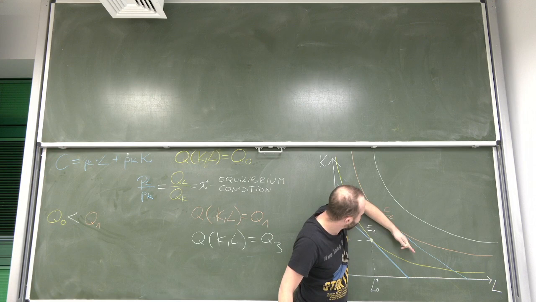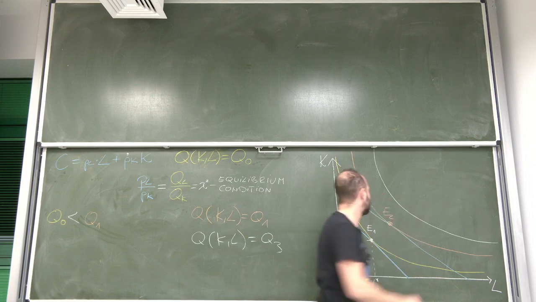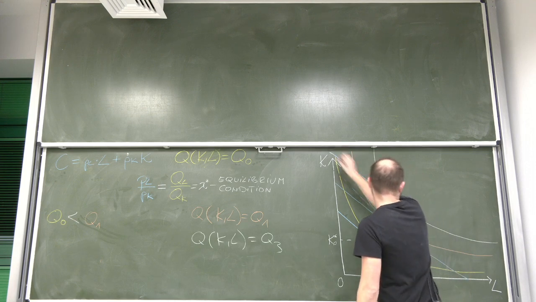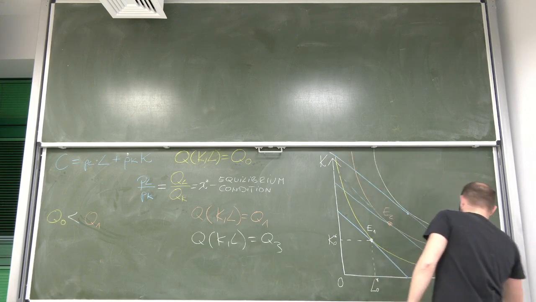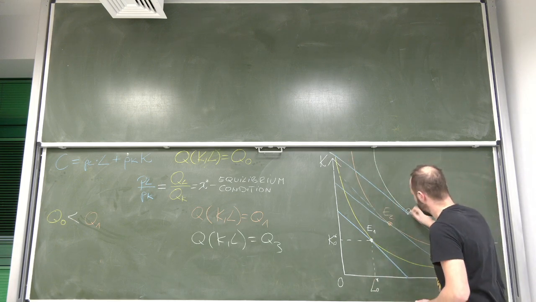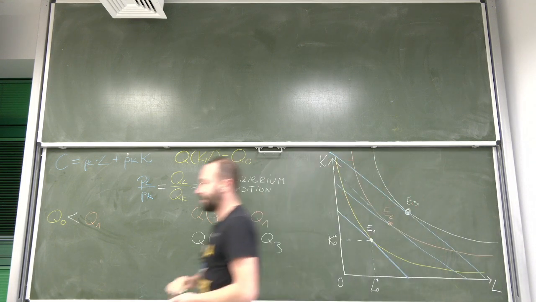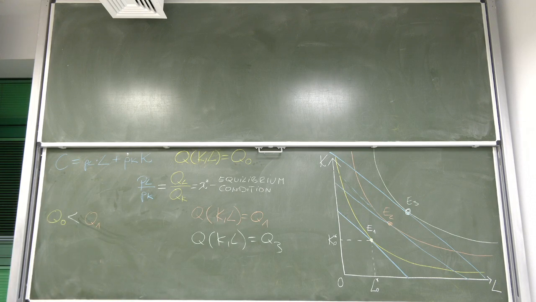We need to move the cost line to be tangent. Okay, let's say over here, this point E3. Okay, and look, we could make exercises like this all day.